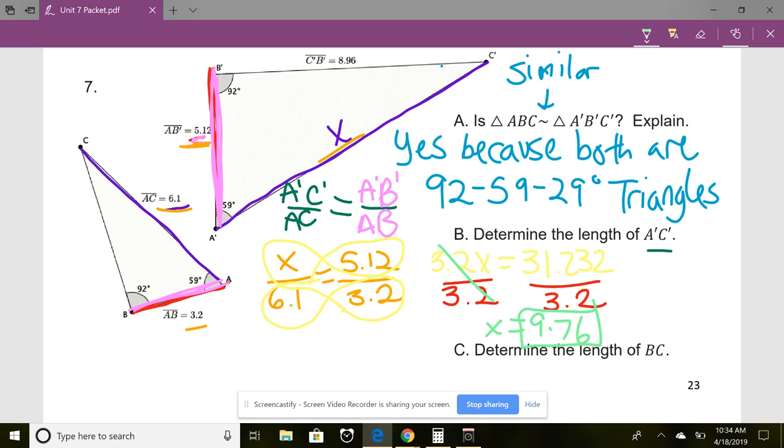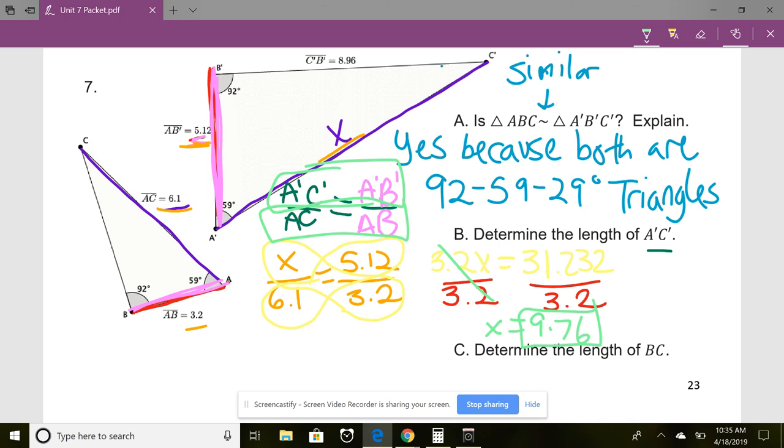We made sure that the primes were on top and the similar sides were on the bottom, because if you flip-flop them, you won't get the right answer. Either primes are on top or primes are on the bottom, but you have to be consistent with where they go.